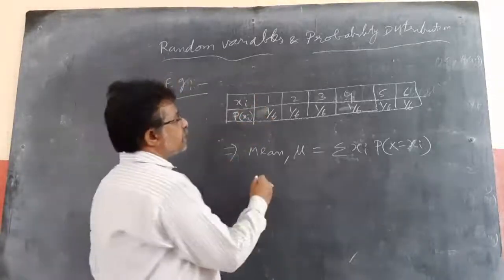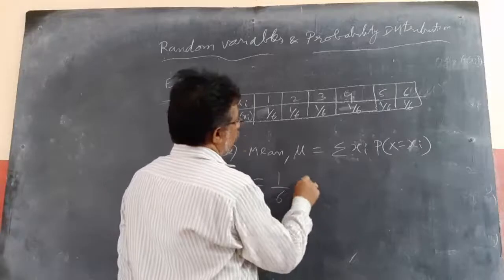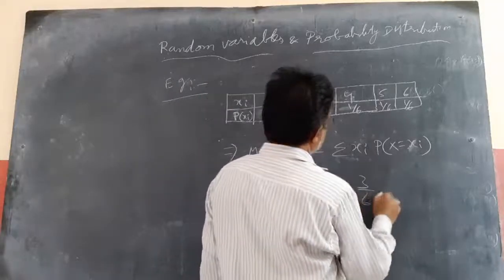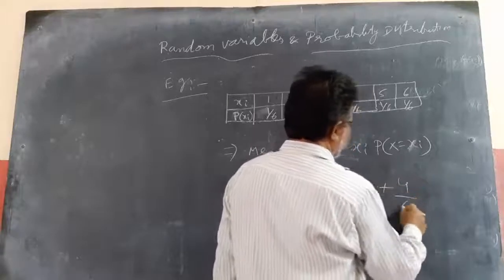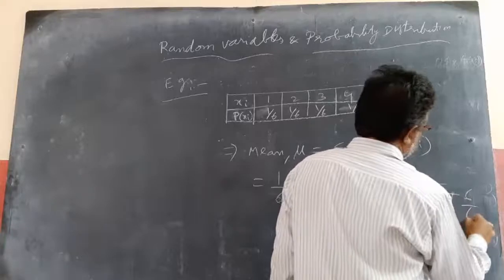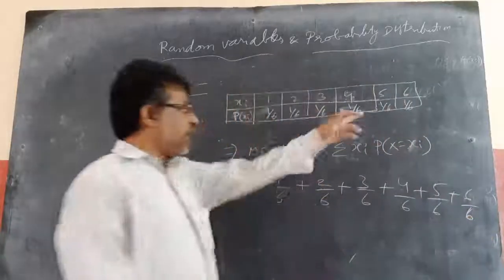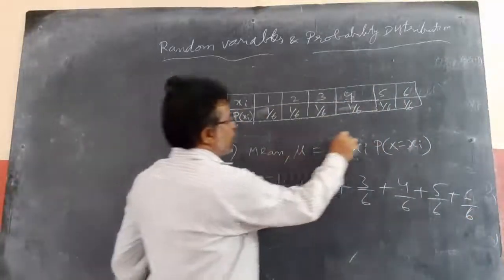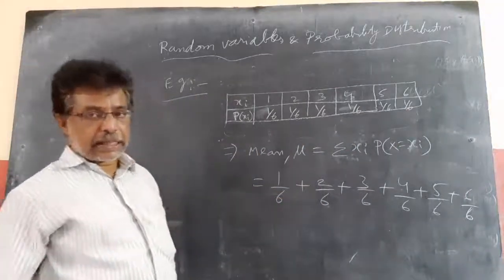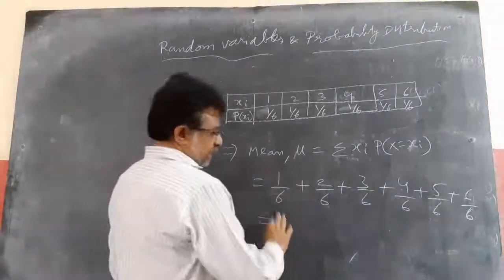So 1 into 1 by 6, 1 by 6, plus 2 into 1 by 6, 2 by 6, 3 into 1 by 6, 3 by 6, 4 into 1 by 6, 4 by 6, 5 into 1 by 6, 5 by 6, 6 into 1 by 6, 6 by 6. You can make another column for xi into P of xi, or otherwise you can directly do it. There is no restriction here. So take 6 as the LCM.